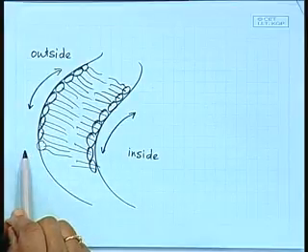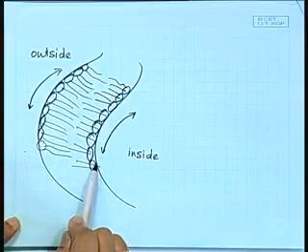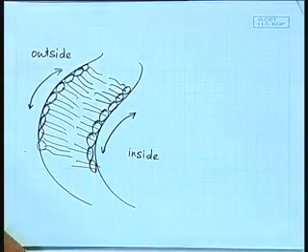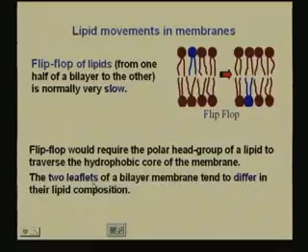surface are not the same as the types of lipids in the inner surface. Okay? That is what we mean by saying that the two leaflets of the bilayer membrane differ in their lipid composition. Okay? They have to differ in the lipid composition because their curvature is different.